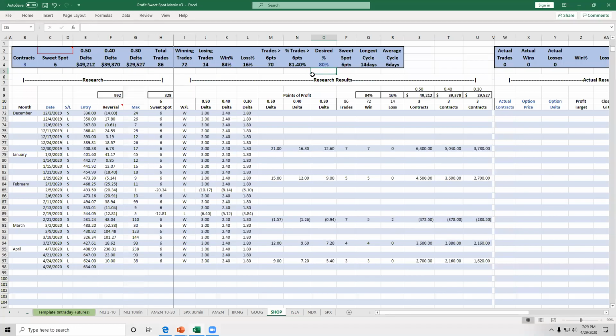We typically look at 80%, maybe 60%, but again, what we've done is we've designed this tool so that you, as an individual trader, can use it according to what your own personal comfort level is. So Shopify's been added, and again, we have Amazon, Booking, Google, Tesla, NASDAQ, and the S&P 500.